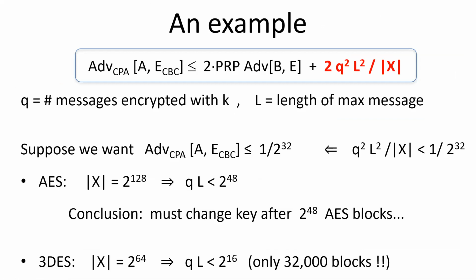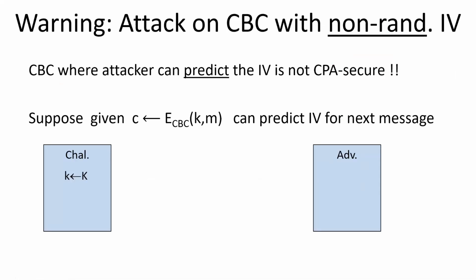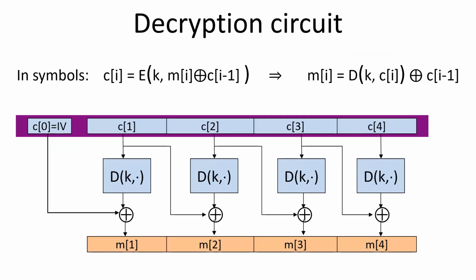So unclear message boundaries led to attacks, because see what happens in CBC when an attacker can predict the IV used by the challenger on the next message, and this is exactly what happens in these streaming applications, right?